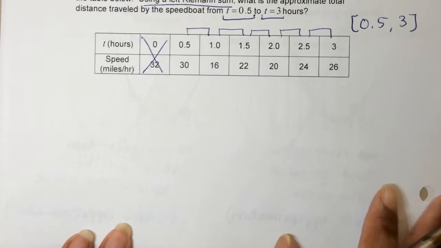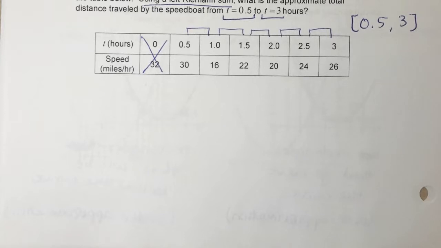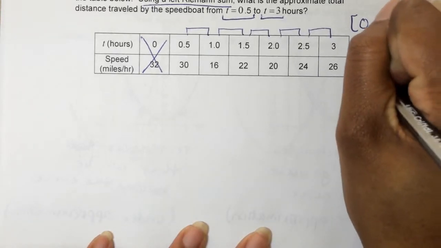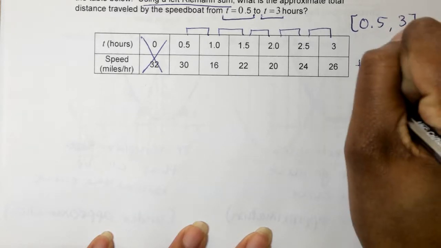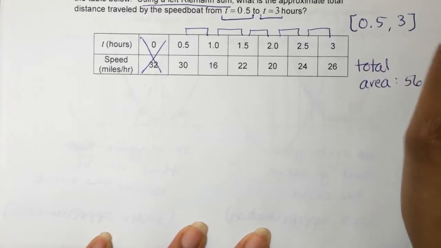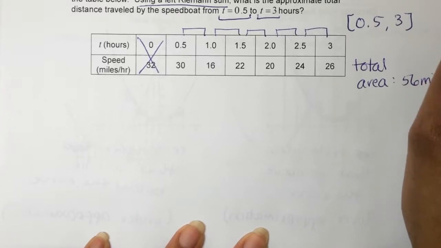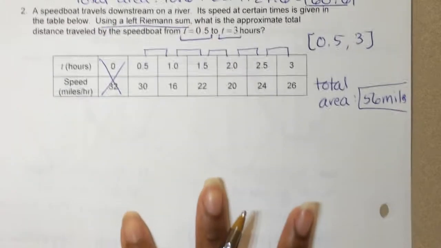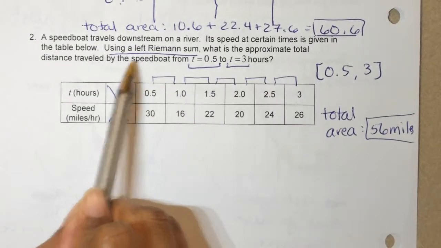Okay, so what I want you to do is try this problem on your own, and your final answer should be 56 miles. Do not forget that you're using the left Riemann sum.